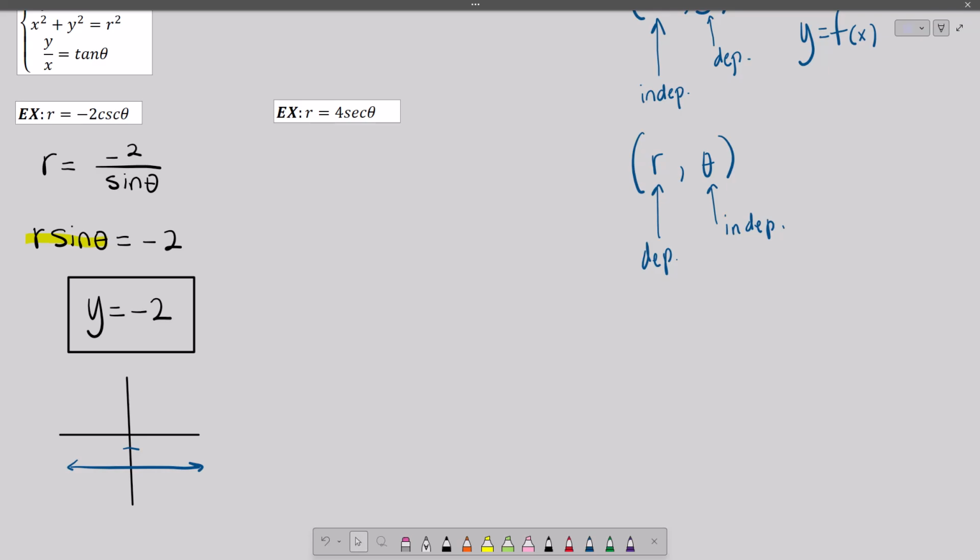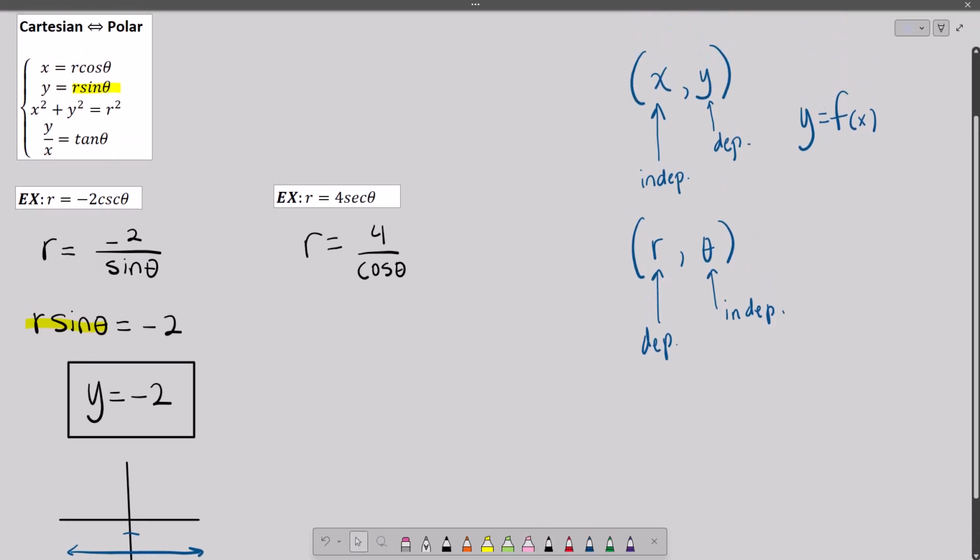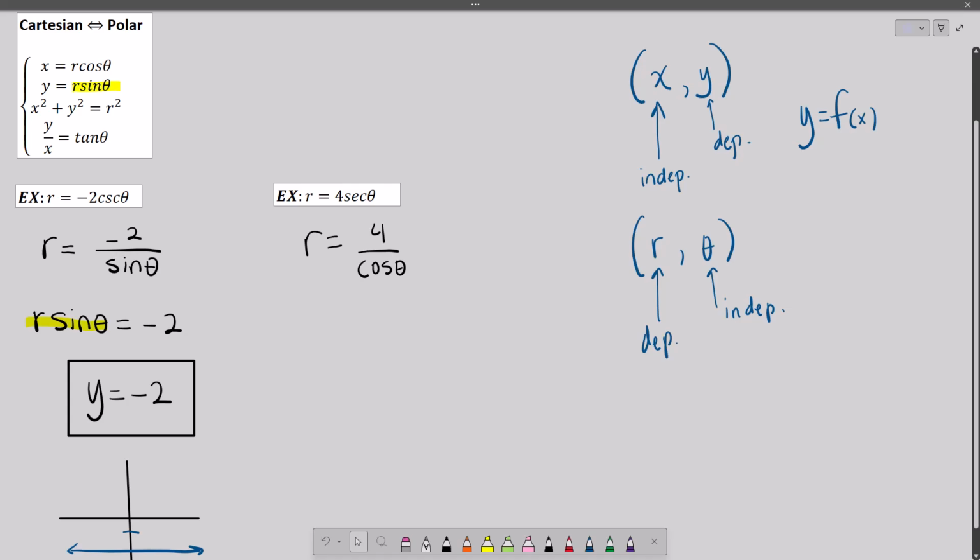So what we've seen so far today is that horizontal lines are easier to write the equation down in Cartesian, but circles are easier to write the equation down in polar, because it's just r equals a constant. r equals the radius, a circle centered at the origin. Similarly over here, we don't have secants inside of our four gateway equations that are taking us back and forth.